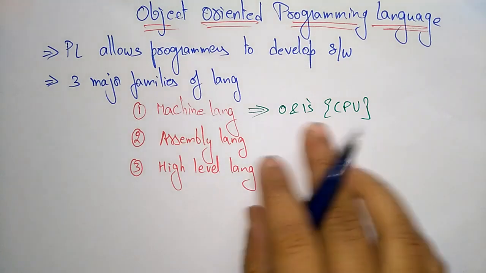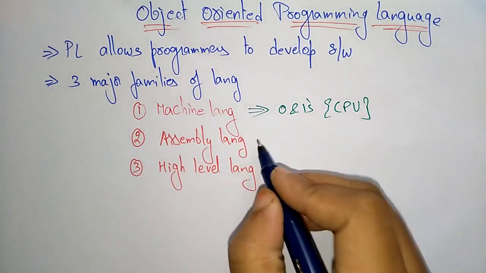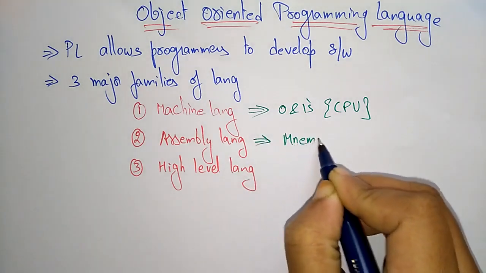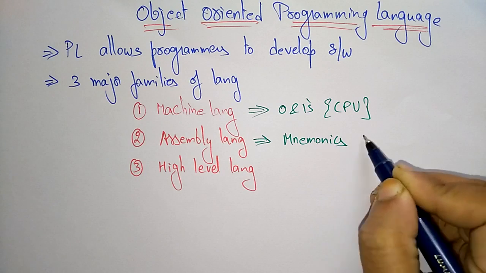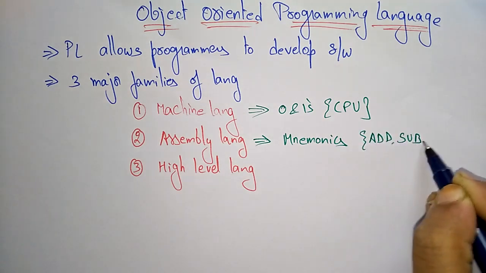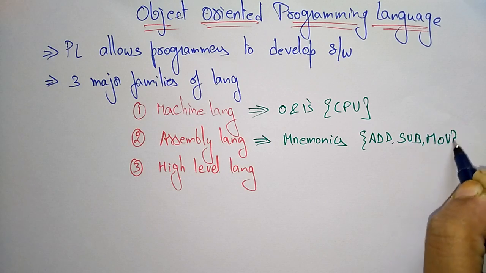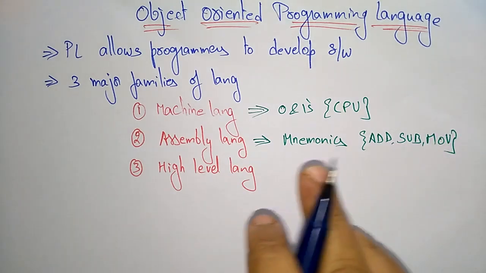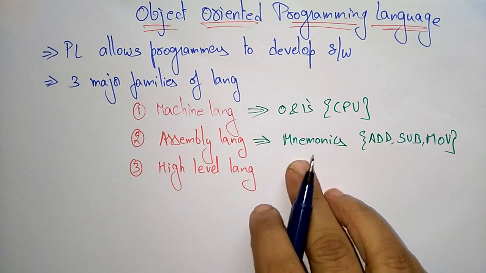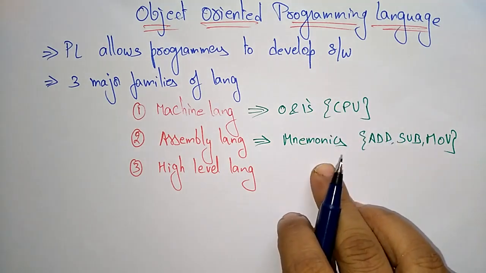Whereas the assembly language is in the form of mnemonics, like add, sub, move. This assembly language is always in the form of mnemonics. It is the next stage to the machine level language.